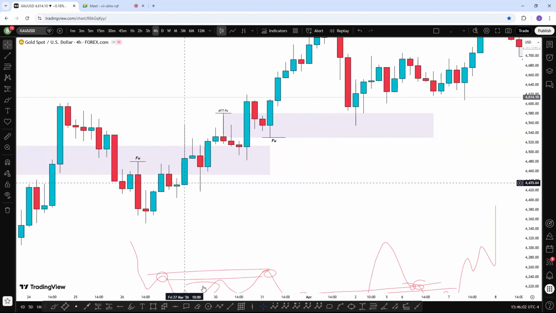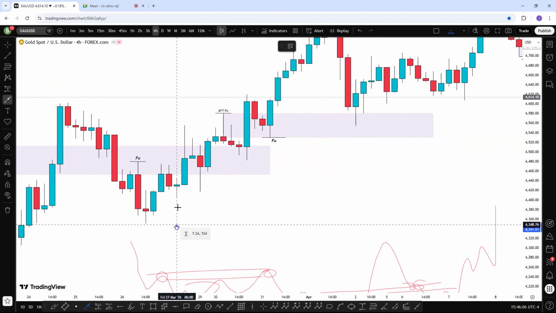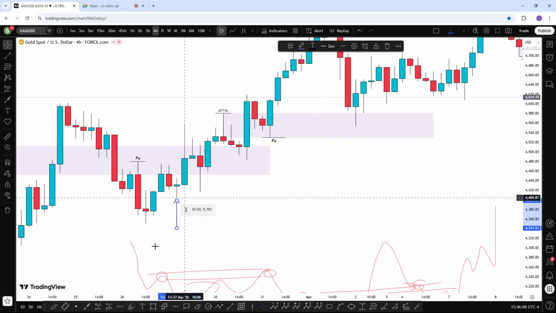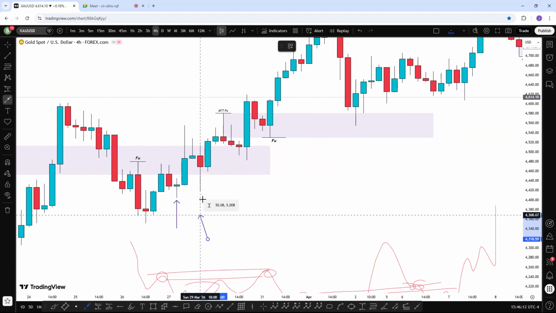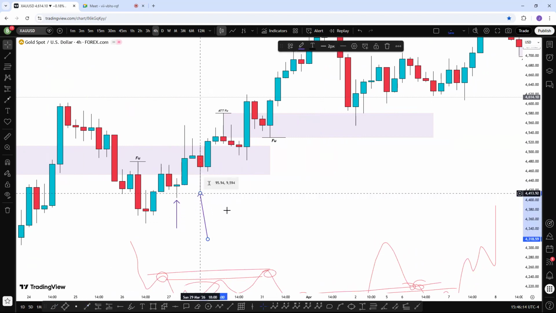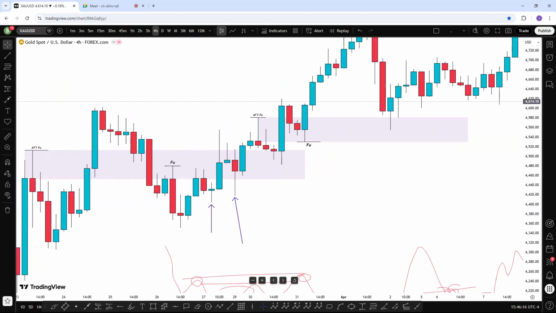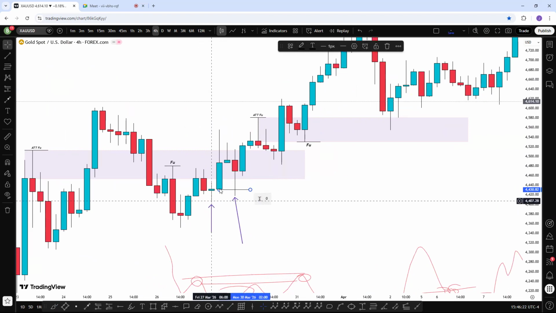So here you have an FU that was created around here. And then you have another liquidity grab that has taken this last area of liquidity. You can see a new candle came back to take this last area of liquidity, adding more manipulation into this one. This is your HS setup.